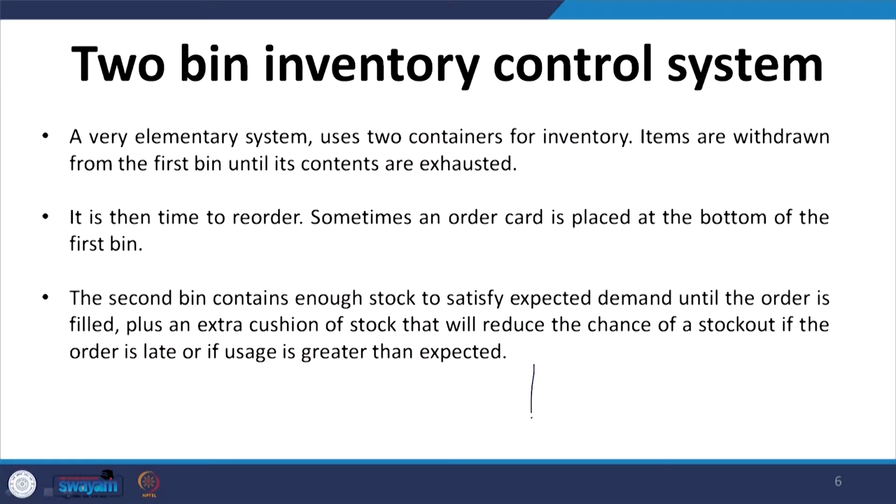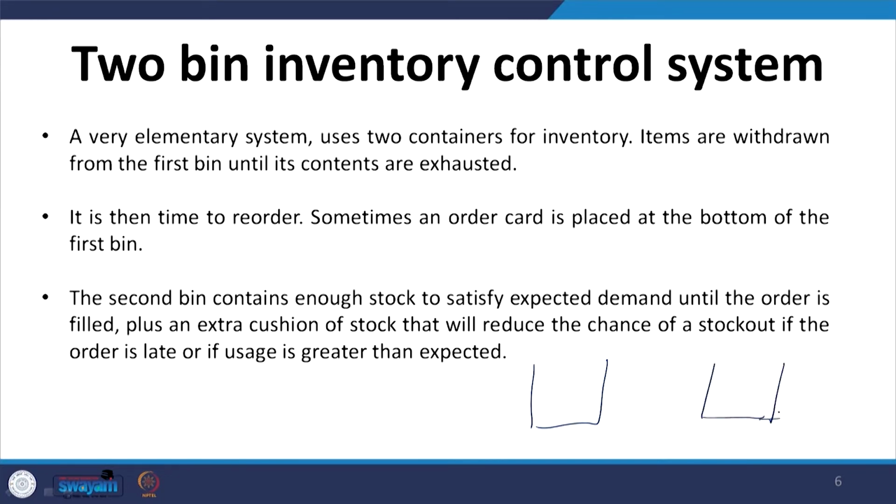So, every 6th day you go to the petrol pump and replenish your stock by whatever quantity, so that your tank is filled completely. This is a system which is practically used in one bin inventory control. Now, coming to the two bin inventory control system, here we have 2 separate bins.